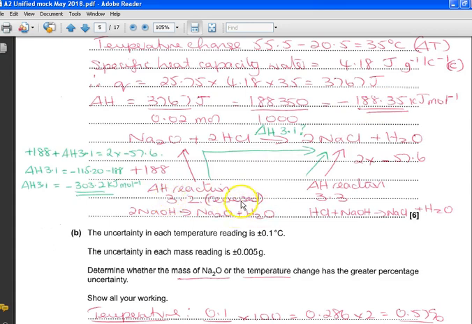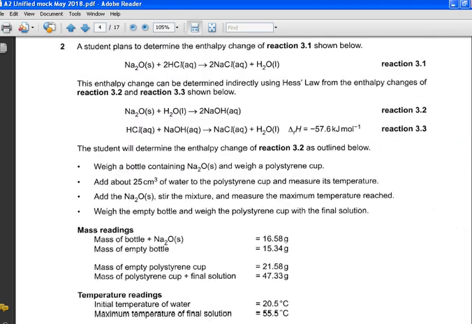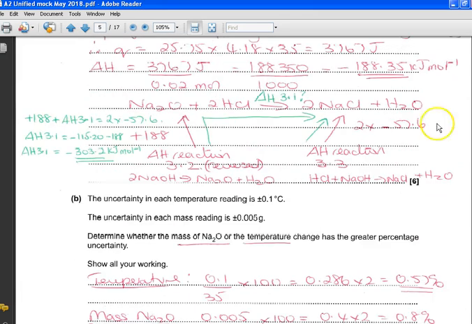Now, this gets confusing for some students, and I understand why. What we're trying to do here, we need to find the formation of Na2O. We've got an equation here, 2NaOH is 3.2, forms Na2O plus H2O. So what I've done is reverse that equation. When it was written up here, 3.2, we want to form Na2O from this, so that we can put that value into our Hess cycle.